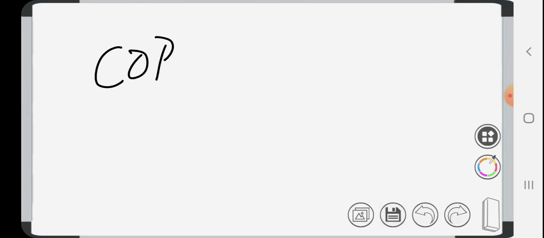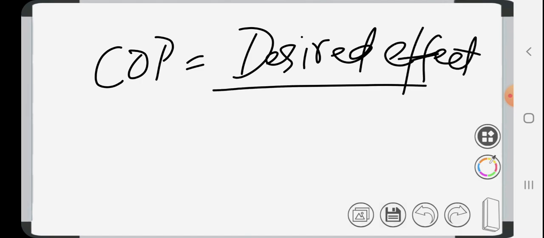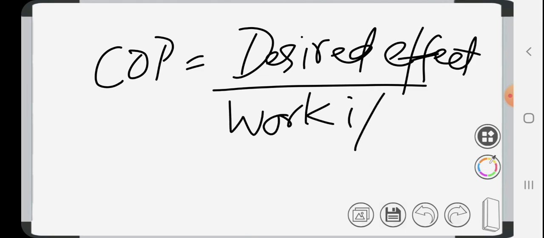COP is defined as desired effect by work input. That is how we define COP.